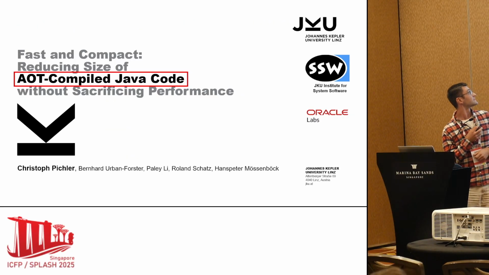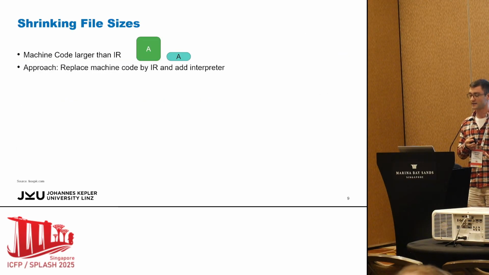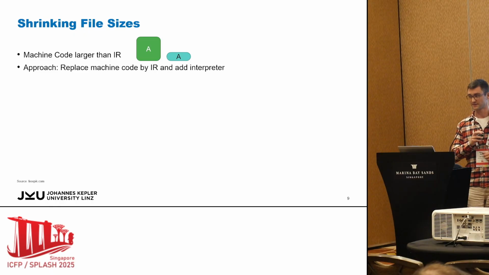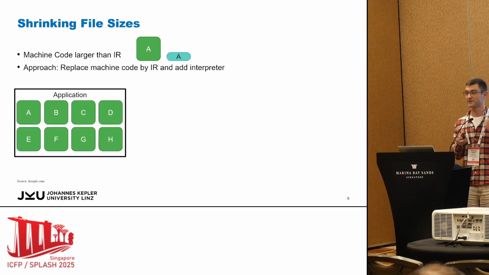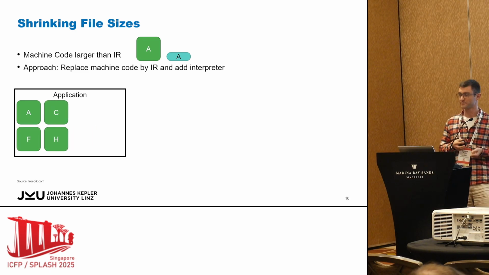So we might reduce the size of ahead-of-time compiled Java code. And since we saw that the intermediate representation is smaller than the machine code, we might just replace it. So what is happening? We have an application with certain compilation units, and we remove certain compilation units.